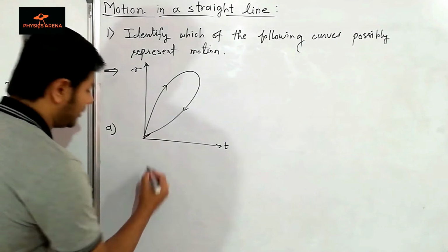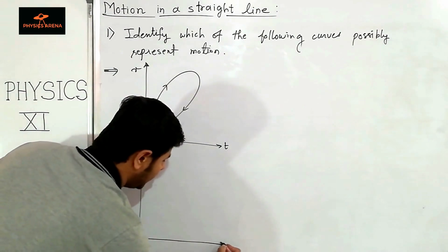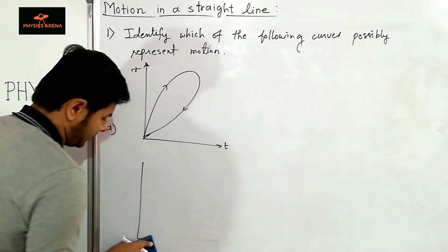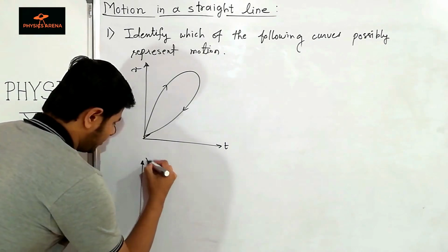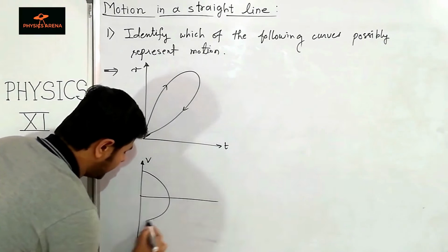A, then this is V versus T. V versus T, it is like this.